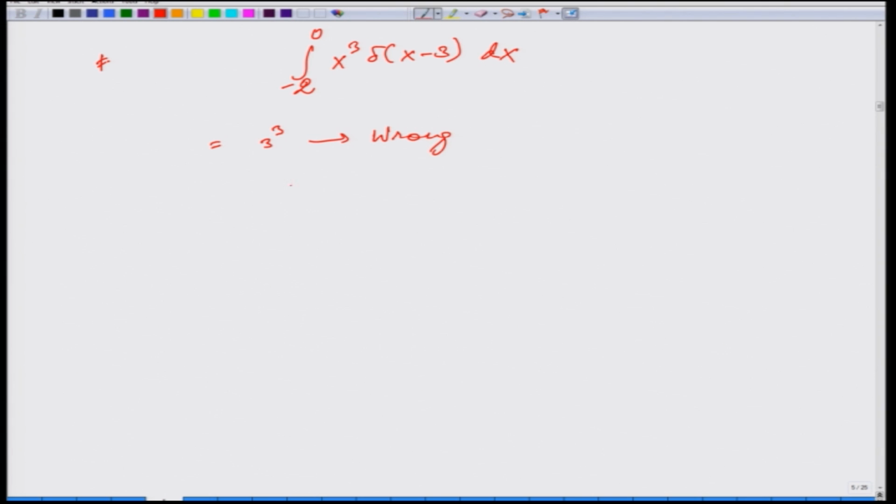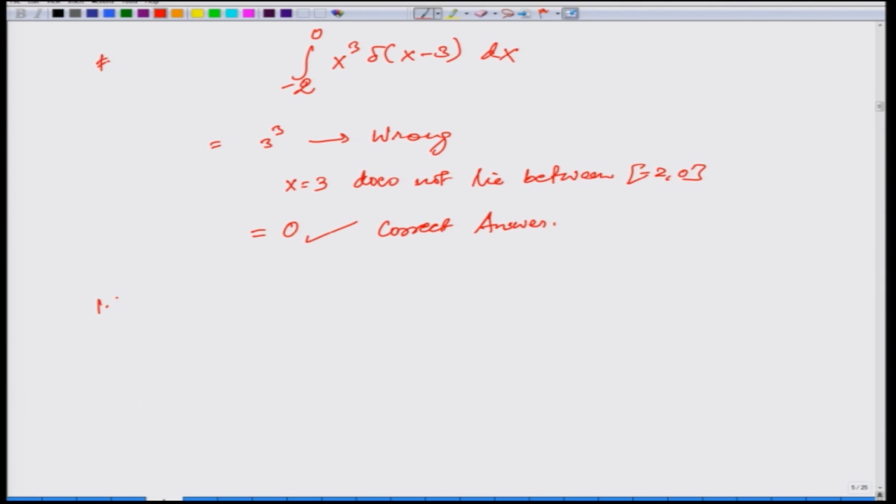The reason being that x equals 3 does not lie in the interval specified, that is from minus 2 to 0. So that is why it is 0. So the correct answer is 0. While substituting the value of the delta function, be really careful with the interval of integration: the value where the delta function is concentrated should lie within that interval, otherwise it will be 0.